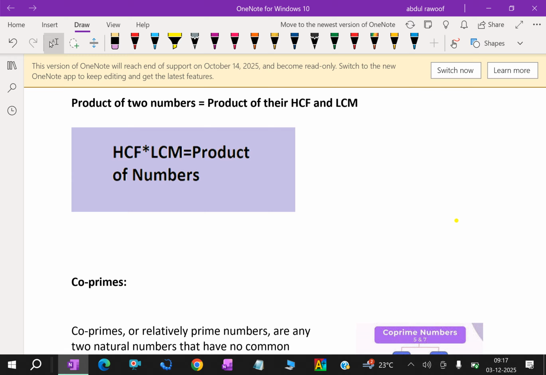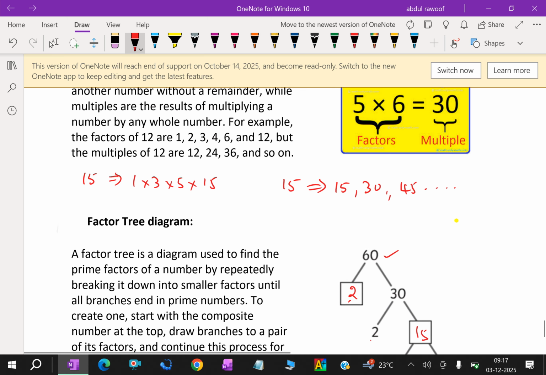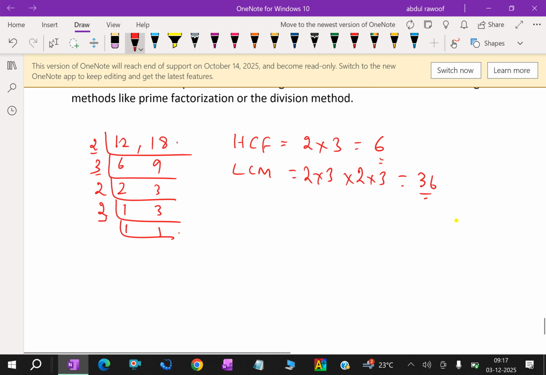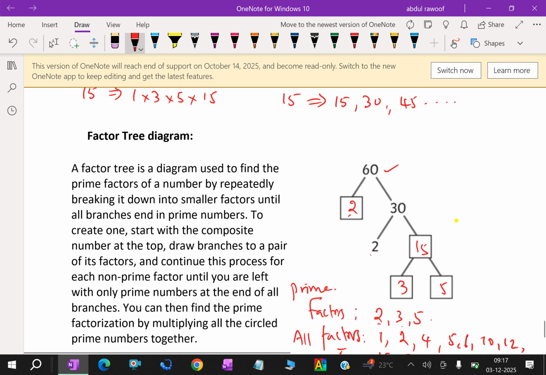Next, an important formula: the product of the LCM and the HCF of two numbers is equal to the product of the numbers. For example, take 18 and 12.